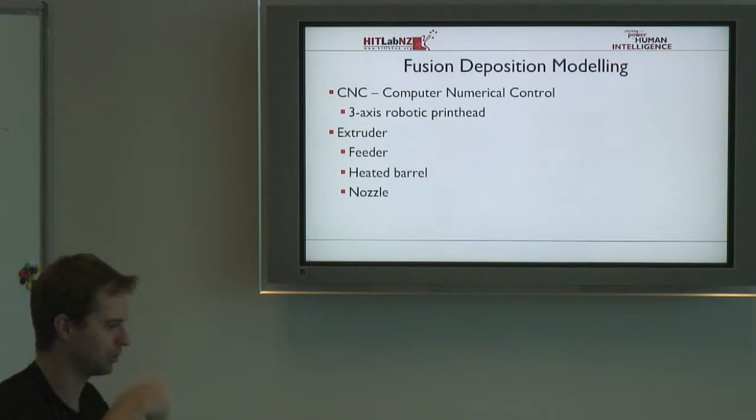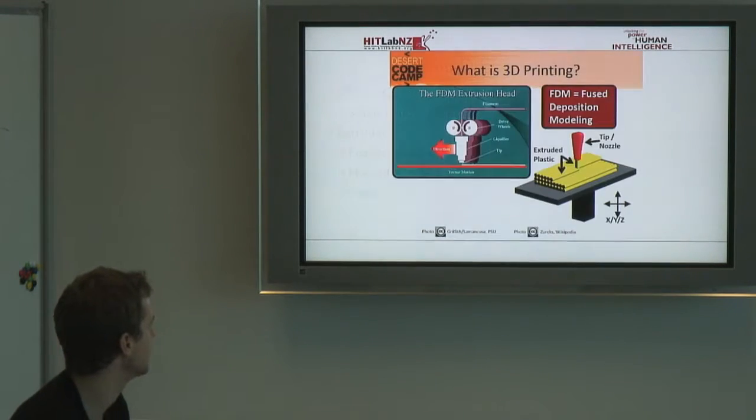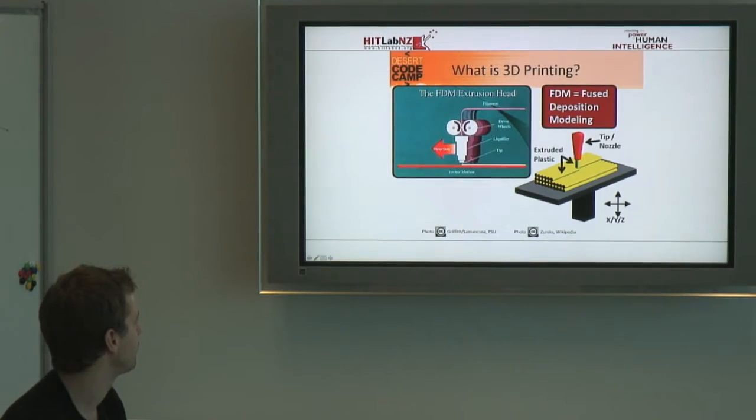As it keeps pushing on it, it will print out a nice thin line. So you've got the drive wheels of the feeder, then the liquefier, which melts it all, and then the tip, which squirts it out, and then it just goes back and forth and layers it up like that clay pot.